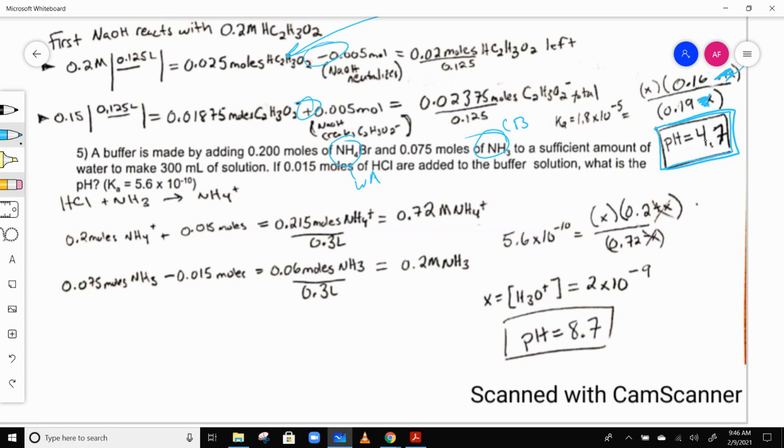Then if we add acid to it, what will happen? If we add acid to it, this acid is going to react with the weak base, or the conjugate base, I should say. So it's going to be the opposite.